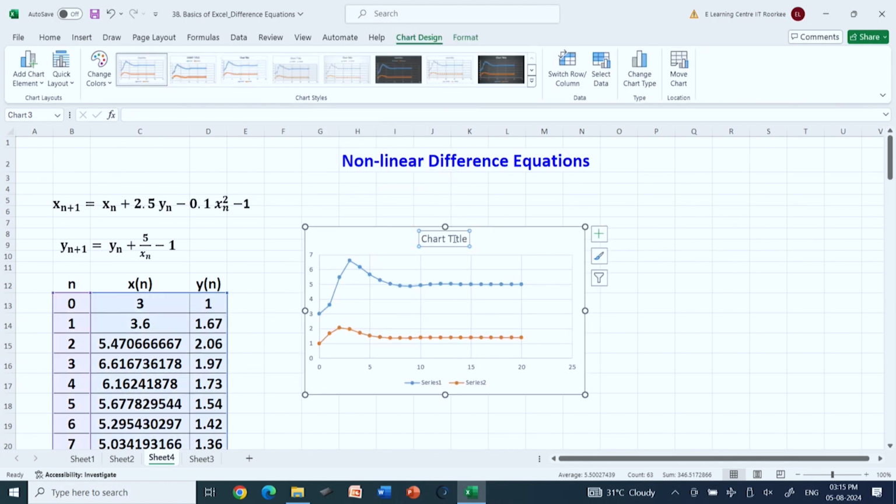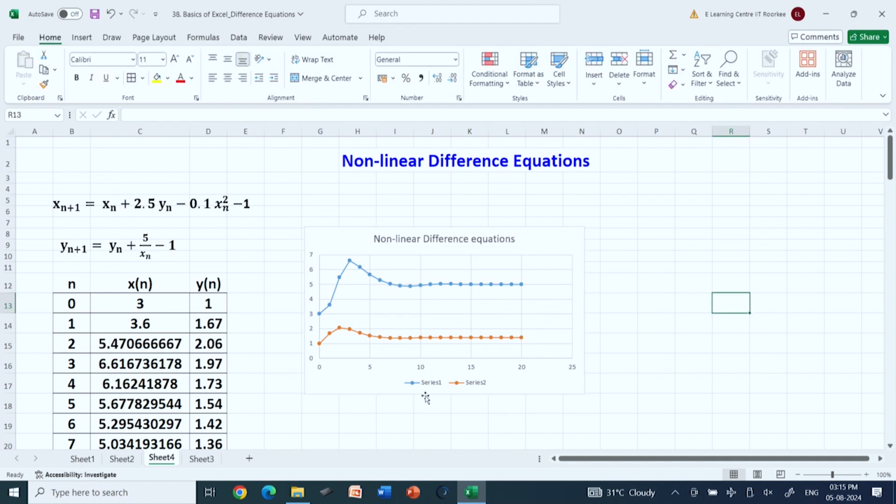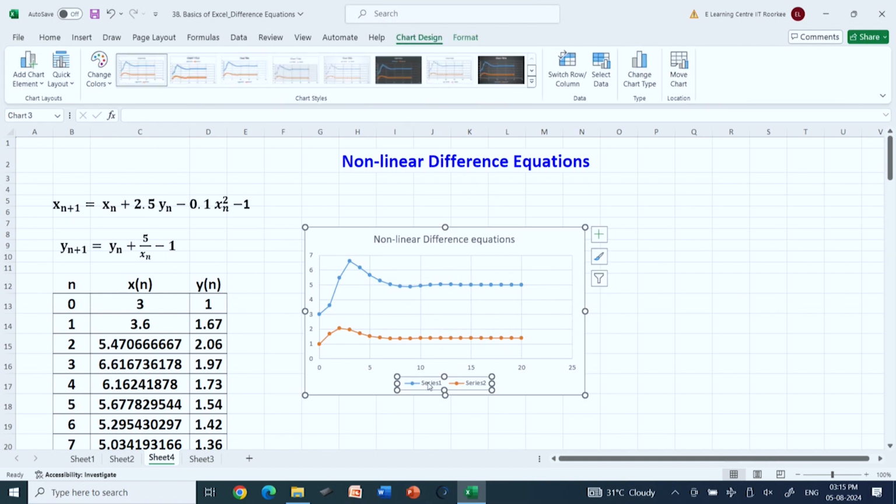If you want to write a title, you write nonlinear difference equations for this series.